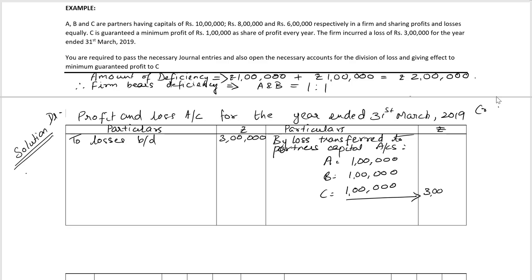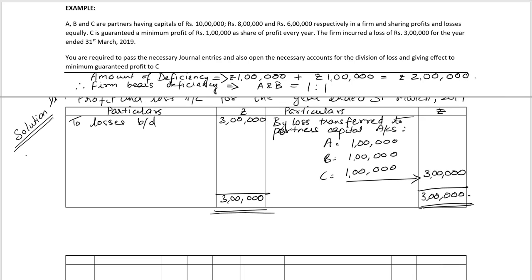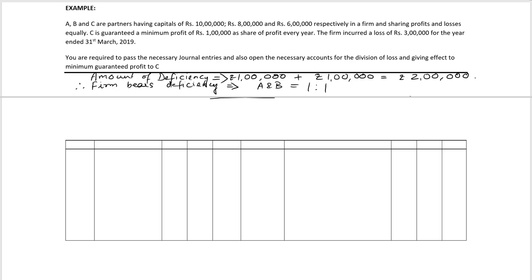Total loss transferred rupees 3 lakh, and the total of the profit and loss account is also rupees 3 lakh. So this is the ledger account that needs to be prepared first. The profit and loss account. Bring down the losses and transfer the losses to the partners' capital account in their profit sharing ratio.